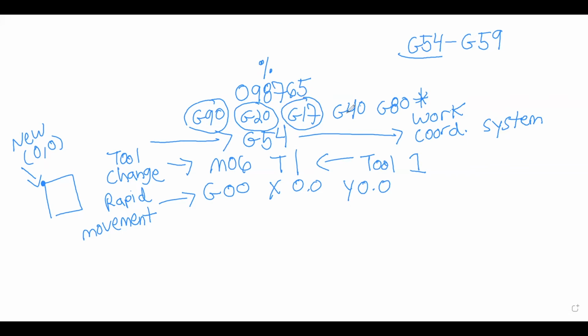We have canceled cutter comp. We have canceled any can cycles. We have reset our 00 for our program using G54. Called up tool 1, and we are rapiding to location X0, Y0.